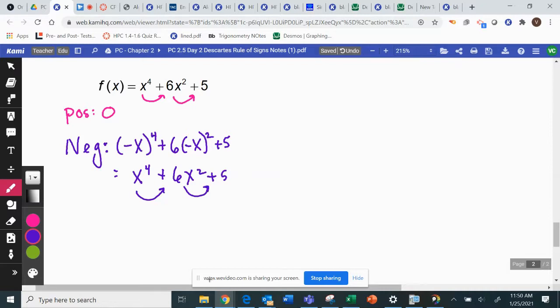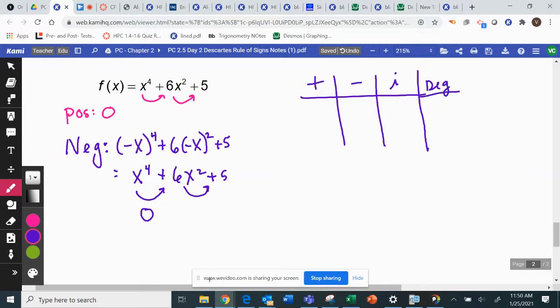It just becomes positive again. Luke, how many sign changes for negative? 0, yeah. The degree, Todd, what's the degree? 4, good.